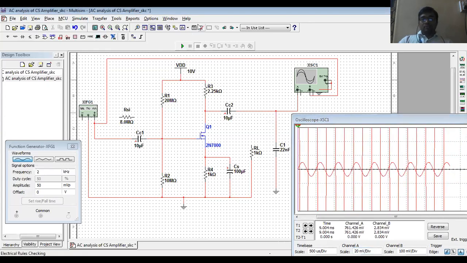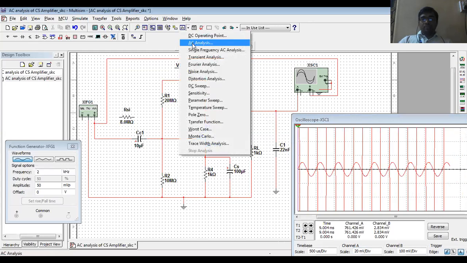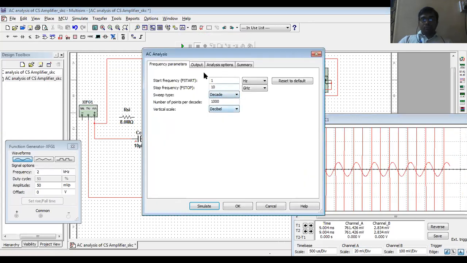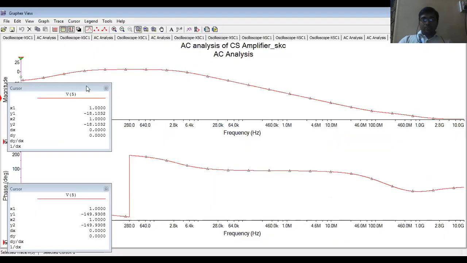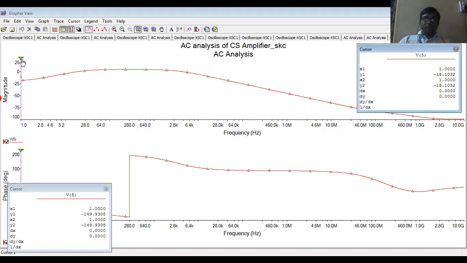So just do the same procedure. Same is there. Okay, simulate it. Now you can see your curve has changed a little bit because we have applied the shunting capacitor. Now you would see that your value of the voltage gain is nearly the same, 4.7 or 4.69.